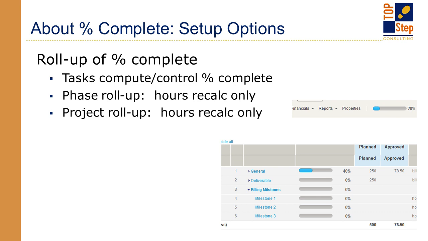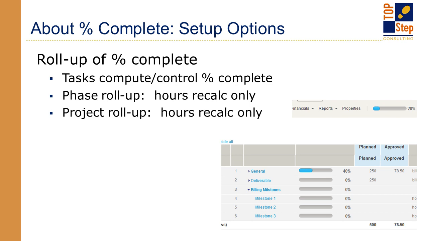Those are, again, a direct roll-up of the tasks. The phase is a roll-up of its child tasks, and the project is the roll-up of all of the tasks within the project. And there's a little asterisk with that because the project is really a roll-up of all the tasks within the project which also have planned hours, and frankly, which only have planned hours.